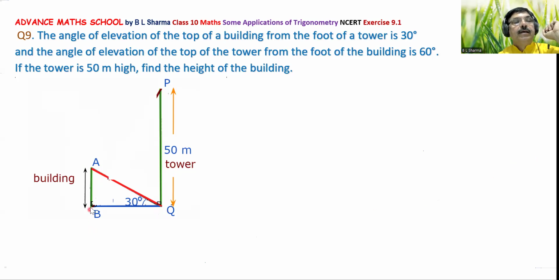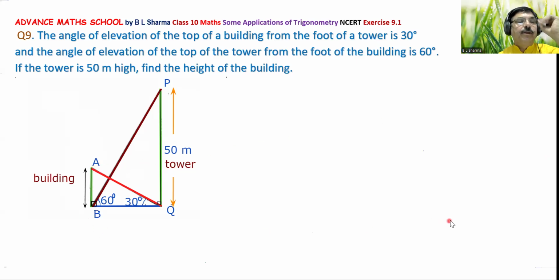But from foot of building to top of tower that is 60 degree. This angle is 60 degree. Our diagram is complete. We have to find out the height of the building.